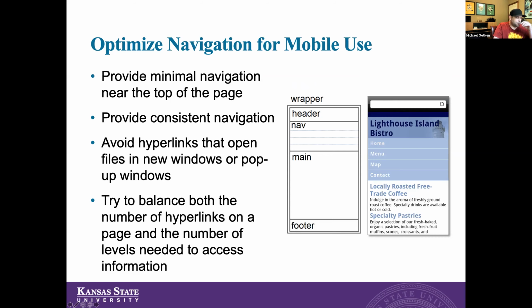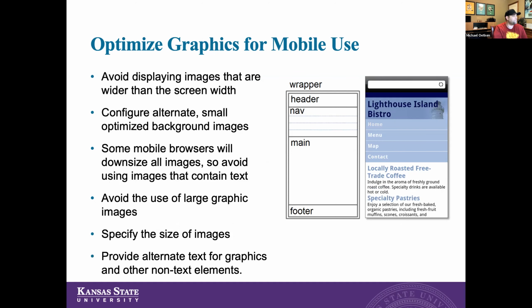Okay, when you're on the mobile browsers, it's going to open up a new window. So if we can, we want to avoid those, and we want to balance both the number of hyperlinks and the number of levels needed to access the information. So, thinking back to when we were talking about sitemaps, you've got to take that into account.